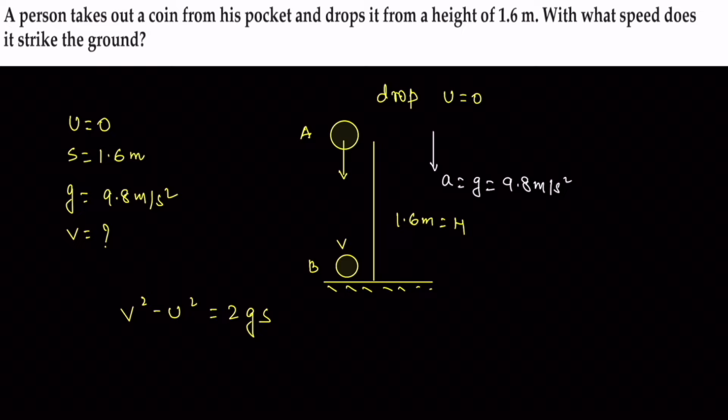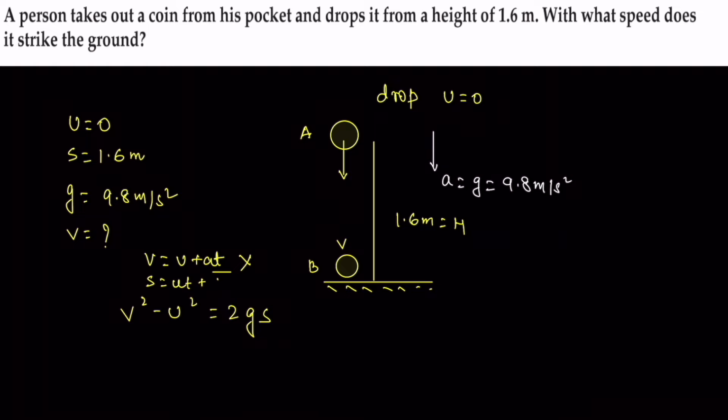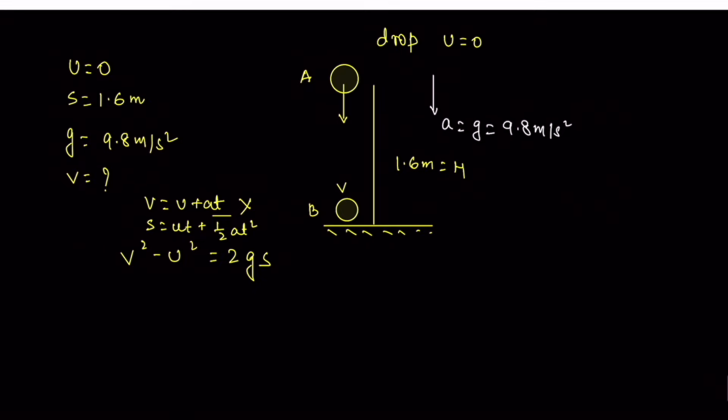Because time is not given, so we can't use v is equal to u plus at, because time is required but not given. Even s is equal to ut plus half at square can't be used, because time is not given. So we have only the v square minus u square is equal to 2gs formula left.